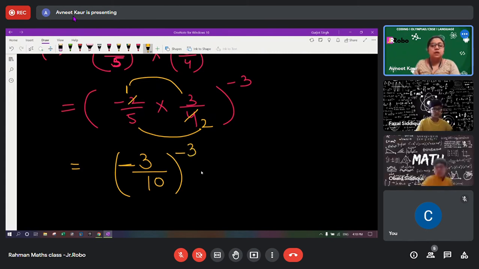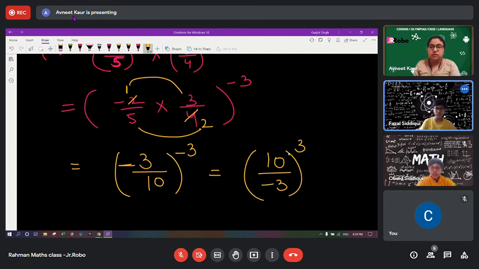See, now you can make one more step. How? You can make the power positive, by taking the reciprocal. So reciprocating it, it will be (10/-3) raised to power 3. Do you remember this rule of the laws of exponents? Yes.